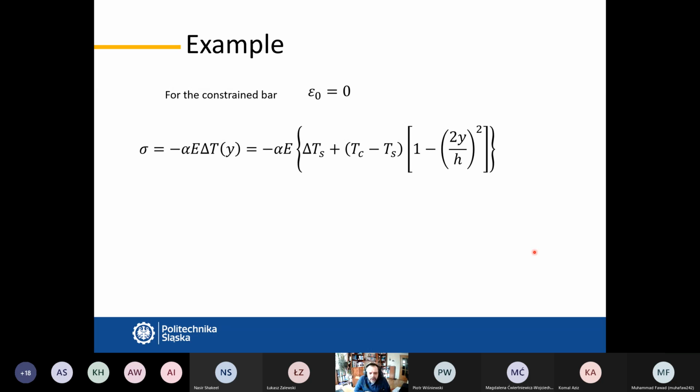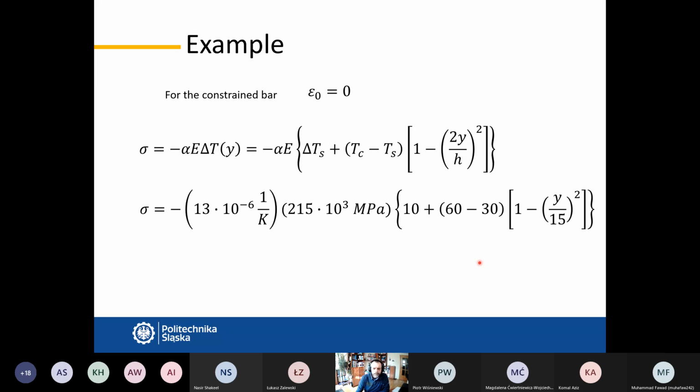So sigma is equal, as you may recall from several slides back, to minus alpha E delta T as a function of y. And of course, we introduce here this function, so the mean temperature here, the temperature here. So the distribution of stress, if we put the data, we have a squared function of y, as you see here.